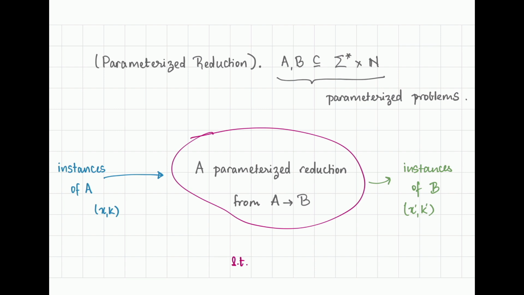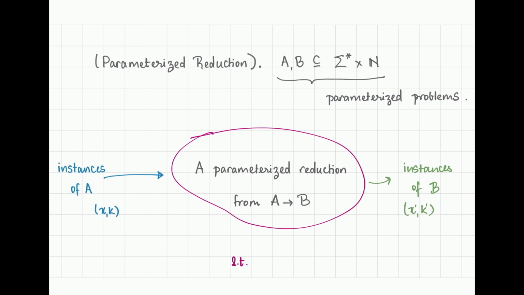Okay. Right, so some things never change, right? So in the classical setting, we wanted the reductions to preserve equivalence, and this continues to be the heart of the matter even in the parameterized setting. If you're not mapping yes instances to yes instances and no instances to no instances, your reduction is anyway broken.